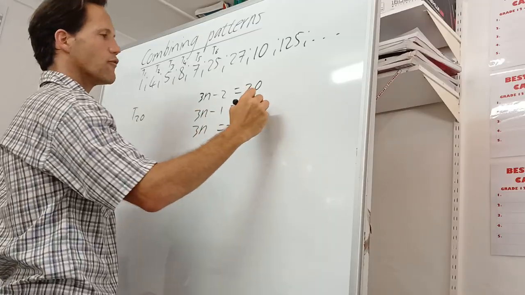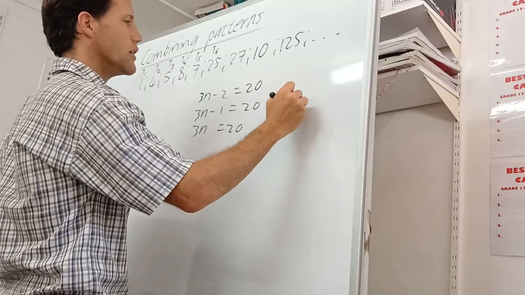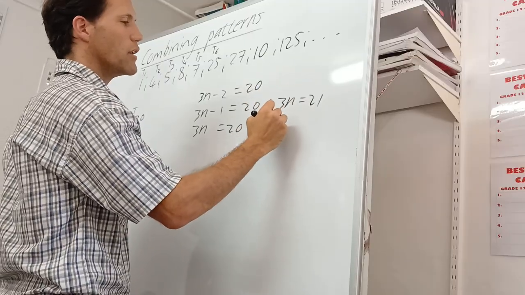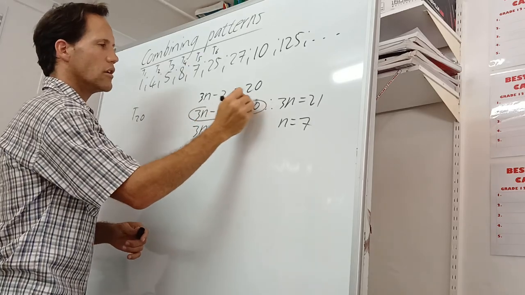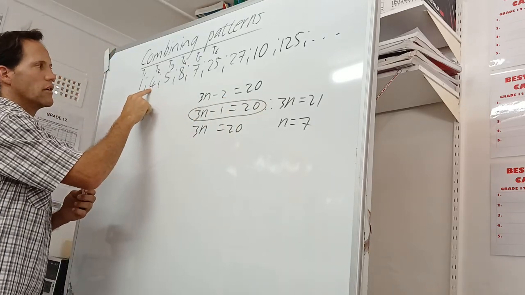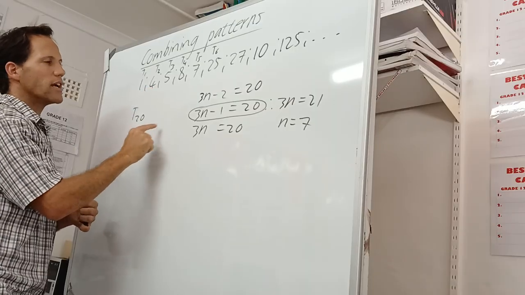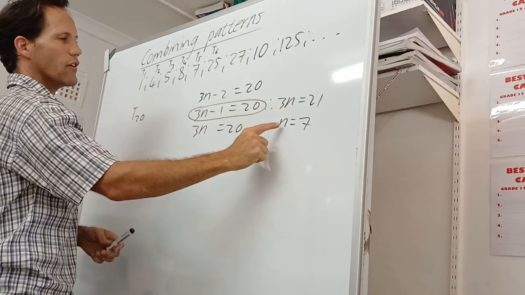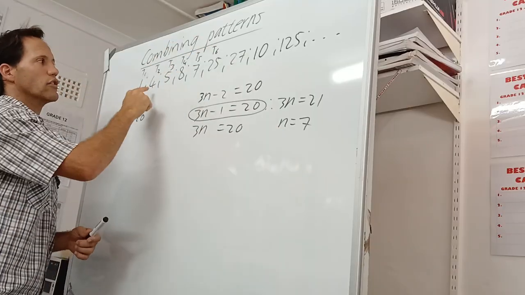So I can see, therefore, for this one, when I take the negative 1 over, I get 3n equal to 21. And if I divide by 3, I get n equal to 7. So this looks good. Which one was this? It was this one. So this one looks good because I want to get term 20. So I can say if n is 7, then I'm going to get the 20th term.